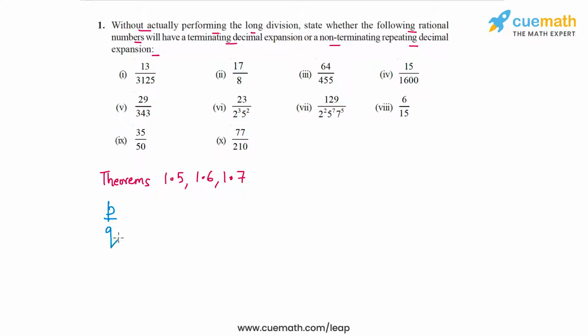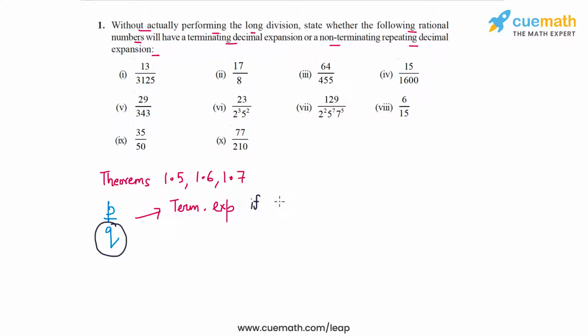when p by q is written in the lowest form, then p by q will have a terminating decimal expansion if q, when prime factorized, has only 2's and 5's.